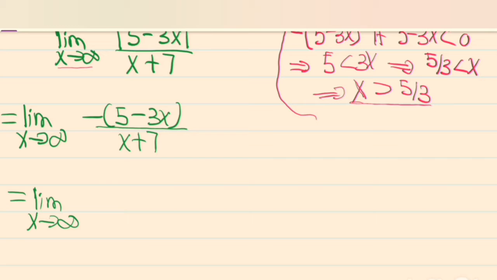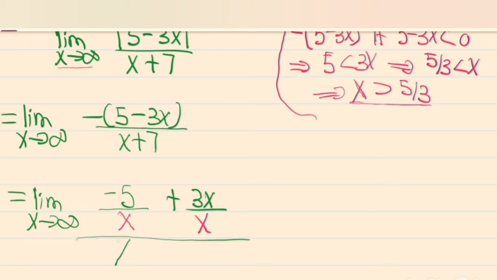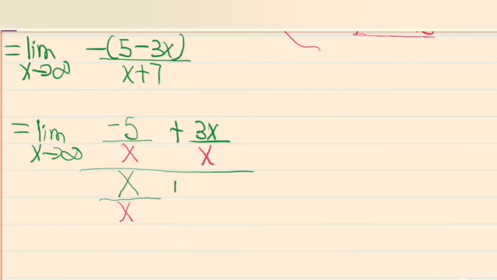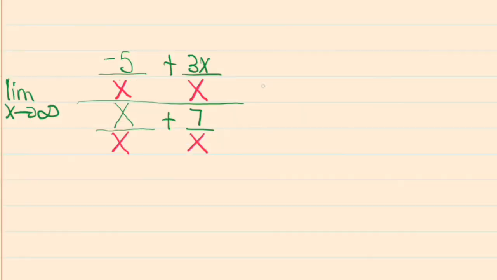We have minus 5 over x plus 3x over x, all over x over x plus 7 over x.